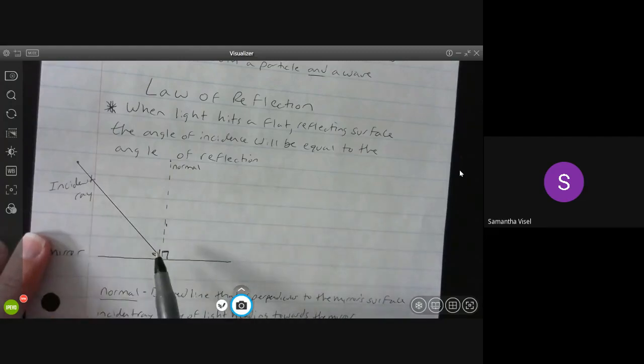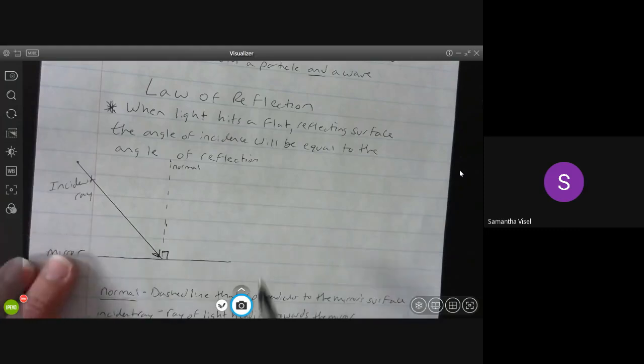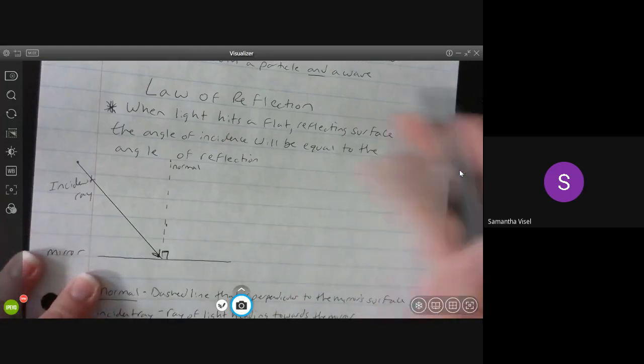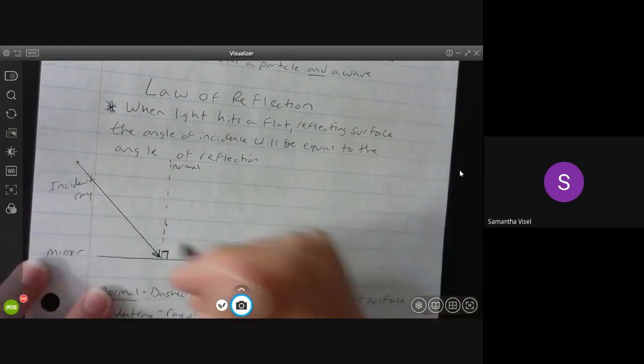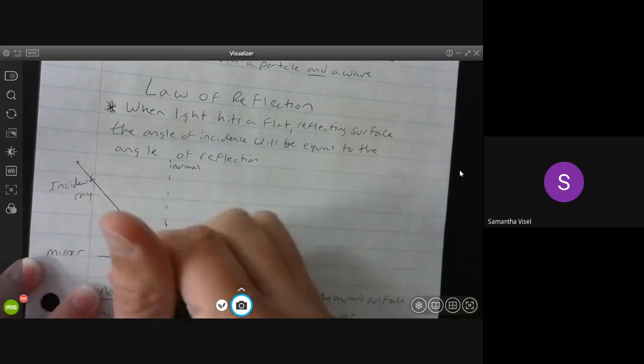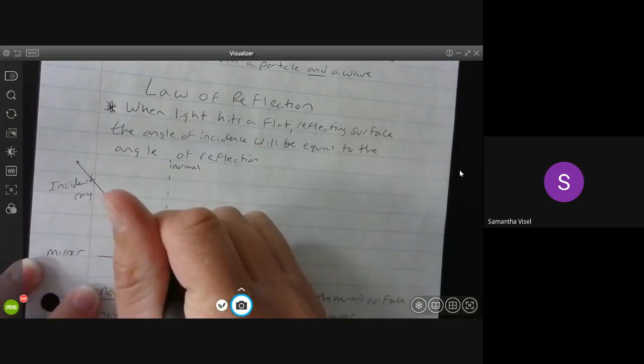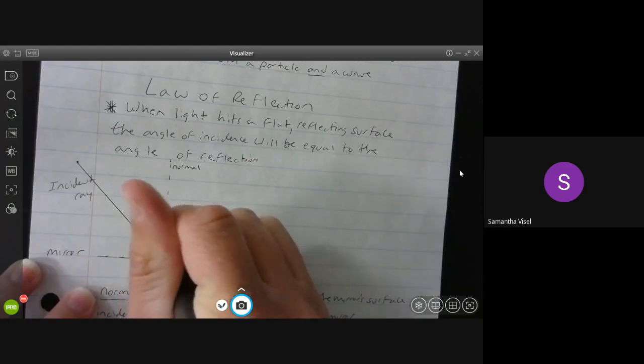Now this is going to hit the mirror and reflect, bounce off. Now the law of reflection says that the angle of incidence is equal to the angle of reflection. The angle of incidence is the angle that is made between the normal and the incident ray.